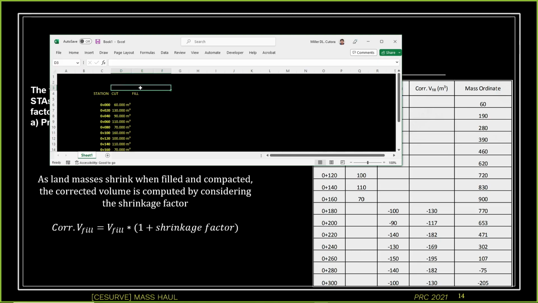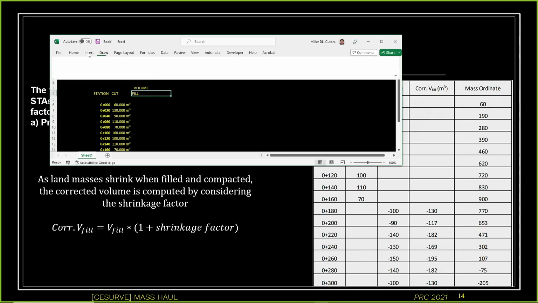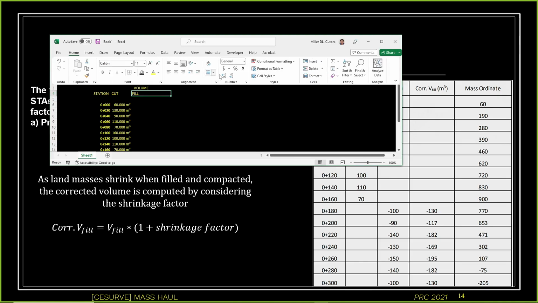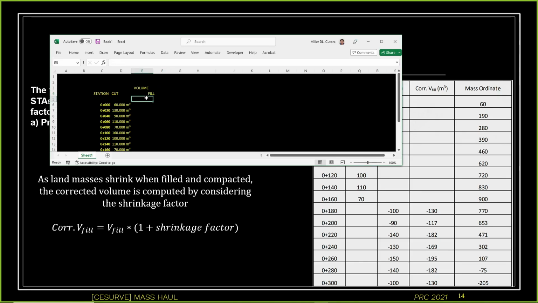This would be the volume. Cut. Ito, fill. However, this is the actual. Ito, corrected. Okay?